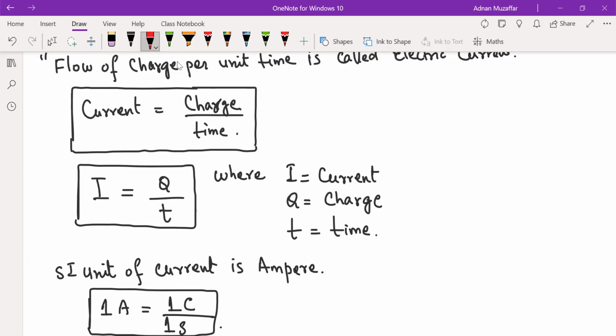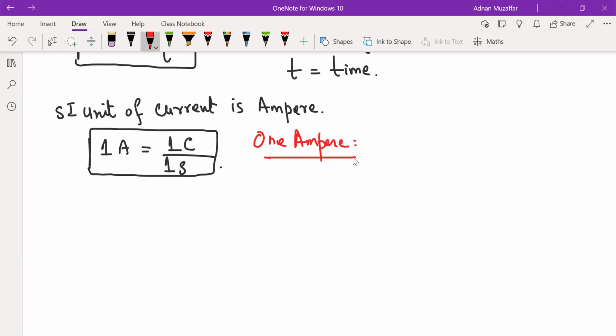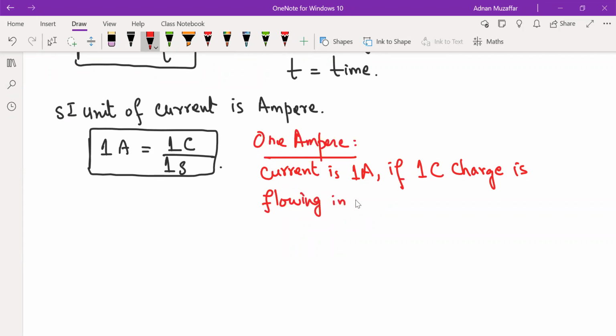If I want to define 1 ampere, I can say that current is 1 ampere if 1 coulomb charge is flowing in 1 second.